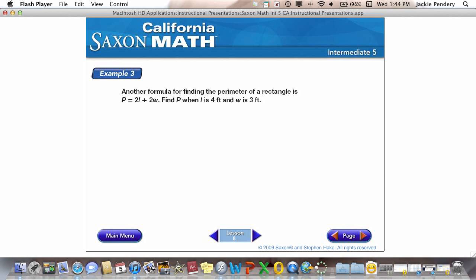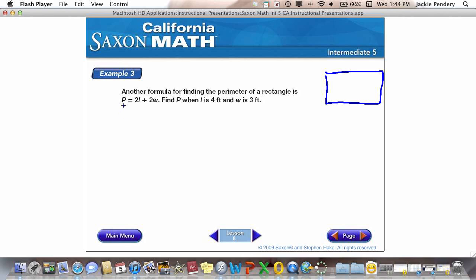Example 3 is going to show us another way to find perimeter of a rectangle. So here I have my perimeter. We know that in a rectangle the length is the same and the width is the same.